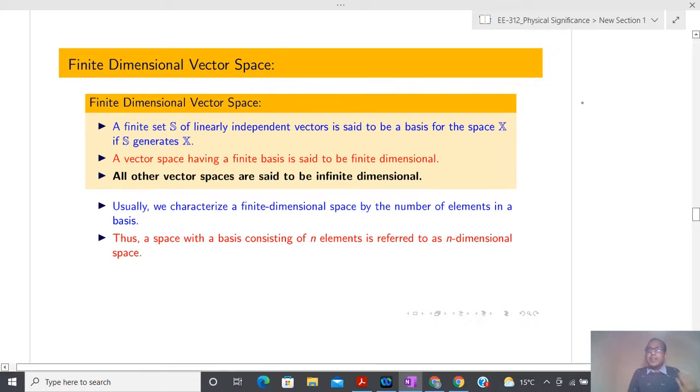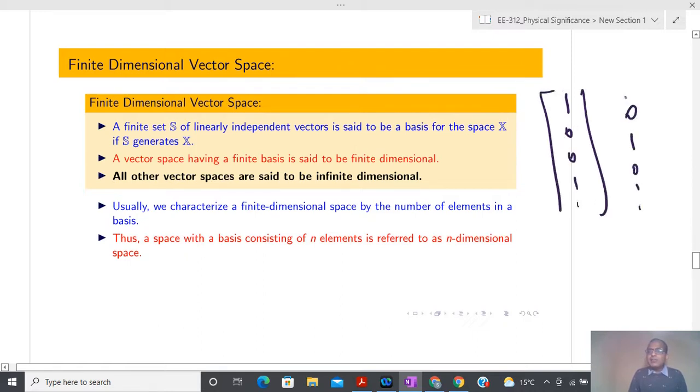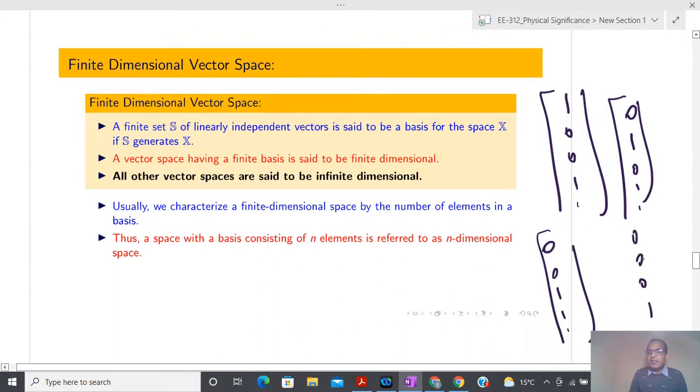A very simple example is two dimensional space, three dimensional space, n dimensional space, because n independent vectors like 1 0 0 up to n, 0 1 0, you can guess the standard basis for n dimensional space, where each vector is represented by a column vector. In this way you can generate any Rn space. So due to the finite number of vectors, that is called a finite dimensional space.